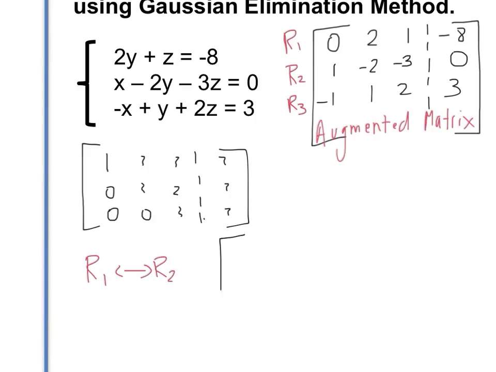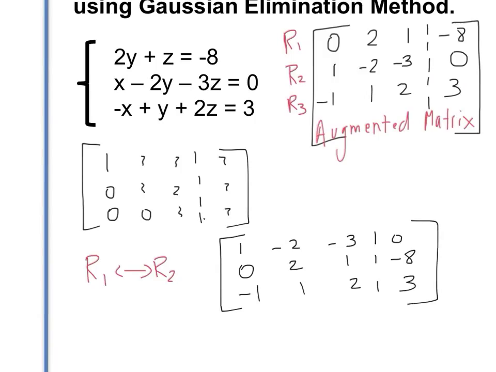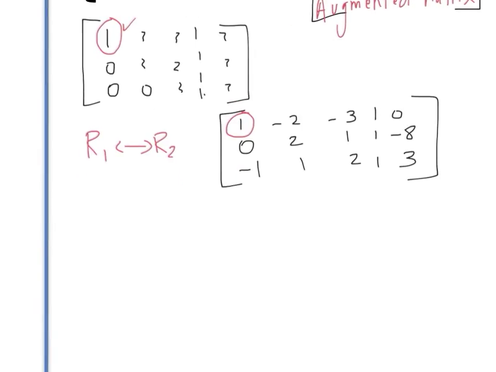Then my new augmented matrix will be 1, -2, -3, 0, 0, 2, 1, -8, -1, 1, 2, and 3. There you go. I found a 1, and that's what I want. I got this part, okay? And I also got this part. Now I still need zeros over here.